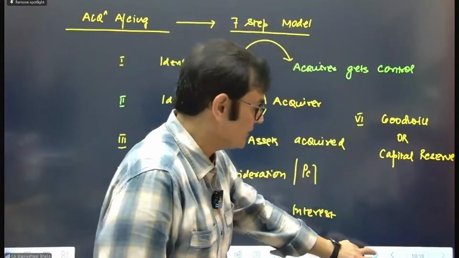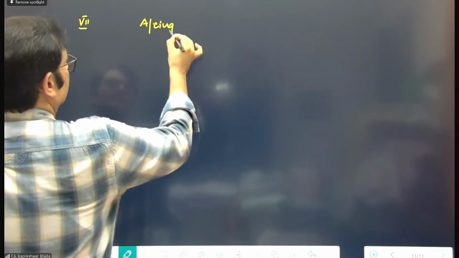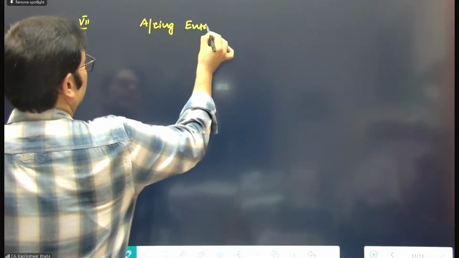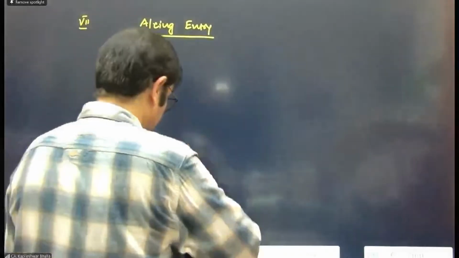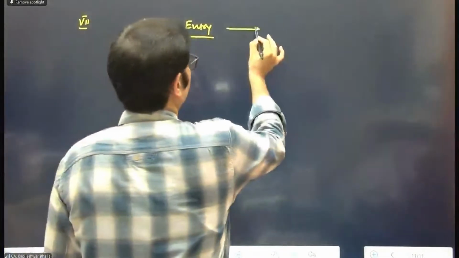So let's see what step number 7 is. Step number 7 is basically passing the acquisition entry, in terms of what we call acquisition accounting.